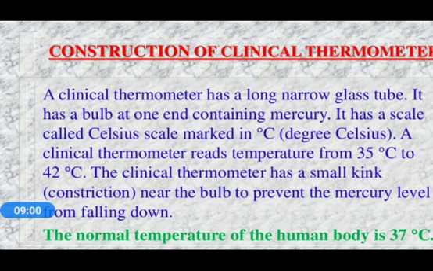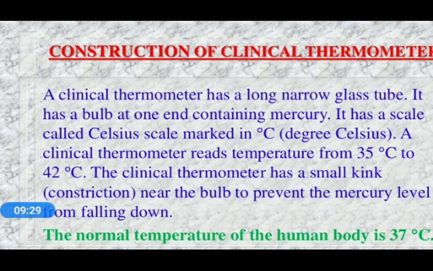The clinical thermometer has a small kink near the bulb to prevent the mercury level from falling down. That is why the kink plays a very important role. What is the reason we construct a kink in a clinical thermometer? Because it prevents the mercury level from falling down. That's why a kink is used in a clinical thermometer.